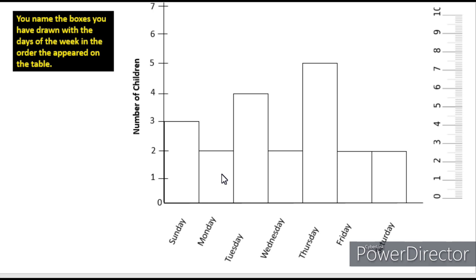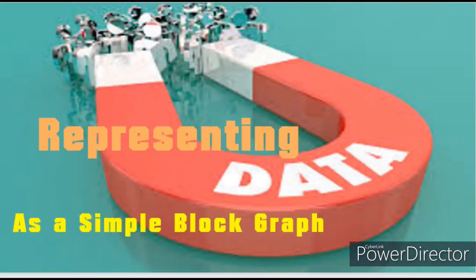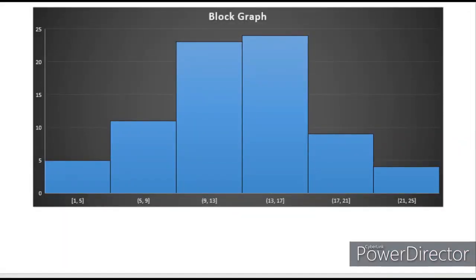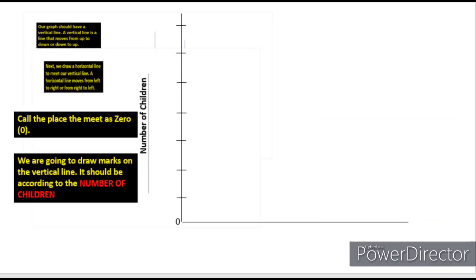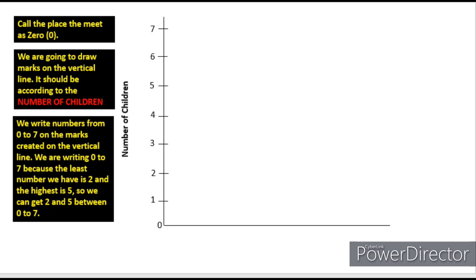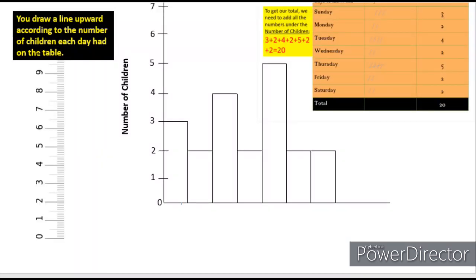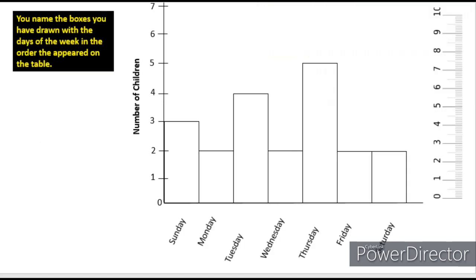So soon we have come to the end of the class. Remember, we learned to draw and we learned to represent data as a simple block graph. We looked at an example, and then we looked at vertical and horizontal lines, how to draw the calibrations, how to plot the graphs or draw the height of the boxes, and how to also do the naming.